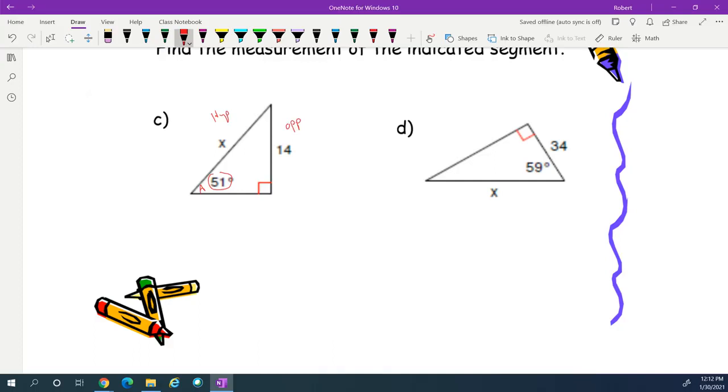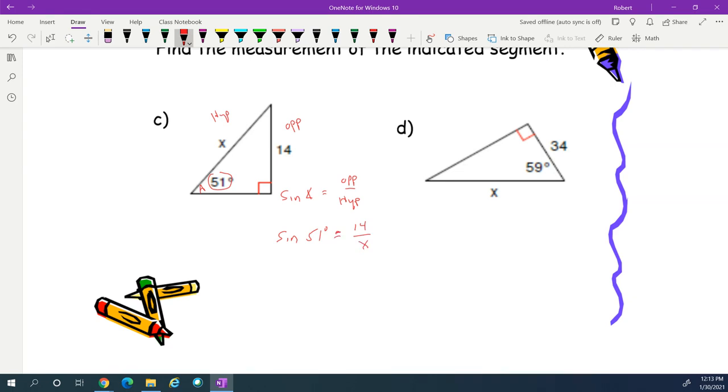Choose your formula. Opposite and hypotenuse, that has to be sine. Fill it in. Sine 51 degrees. Opposite is 14, hypotenuse is x.